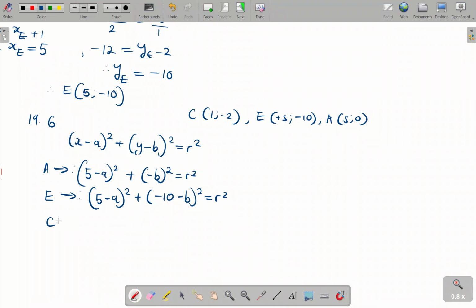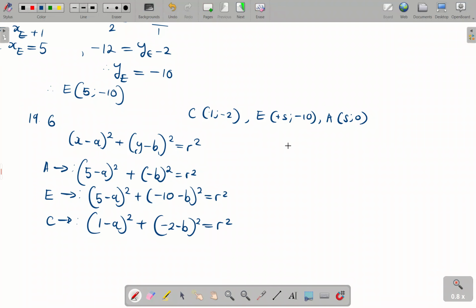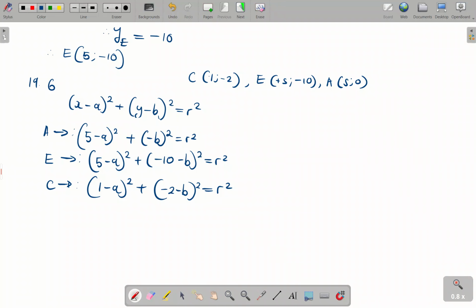For your C, x is 1, minus a, squared, plus y is -2 minus b, and then squared, equals r squared. So let's see if we have something that looks more like the same. You can call this equation 1, equation 2, equation 3.